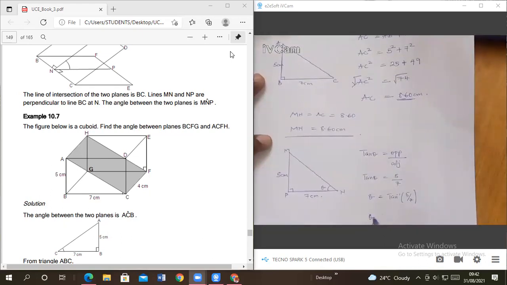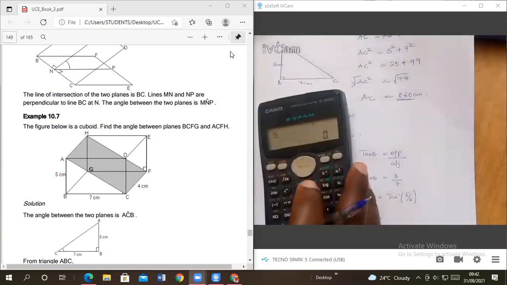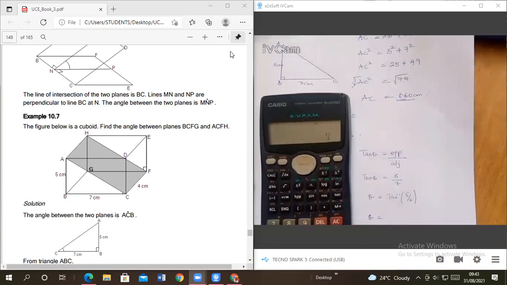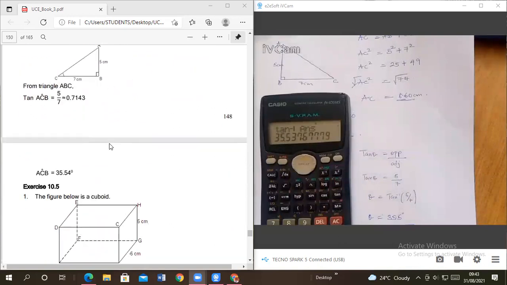So theta equals the tan inverse of 5 out of 7, which is 35.5 degrees. Okay, 35.54. They rounded off to 2 decimal places. You can say 35.5. That is also a correct answer.